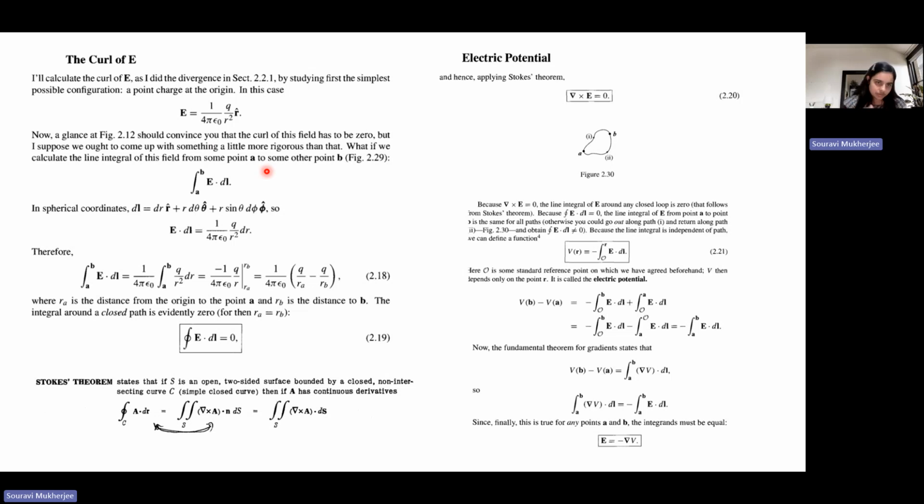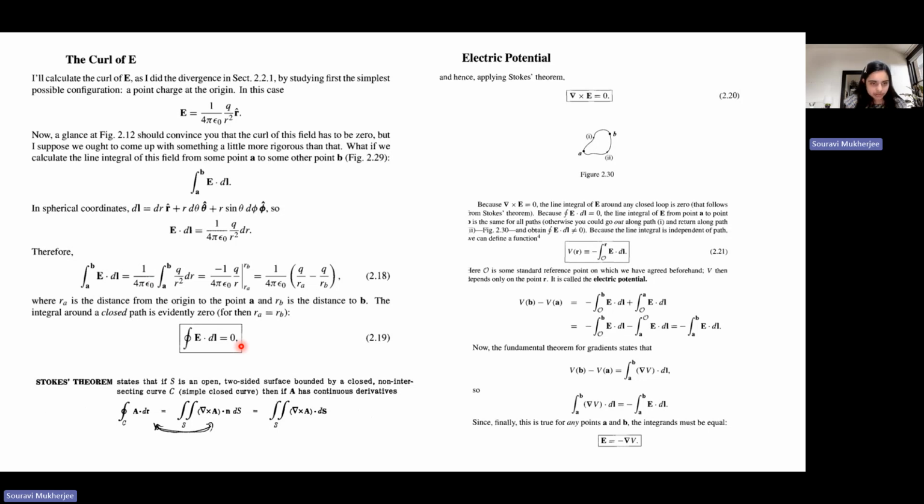That means if you start from A, you come back to A. That's the entire path for which you want to do your line integral. In the limit of electrostatics, where things are not changing with time, what was seen is that if you do this integral for a closed path, it turns out to be zero.